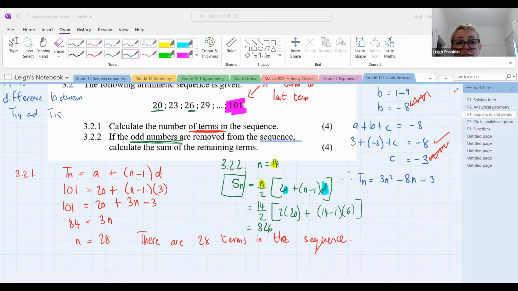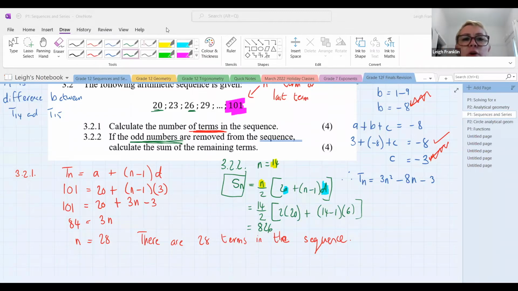If they asked us to calculate the sum of the odd numbers in this pattern, then we would have to start at 23 and end at 101. As it turns out, we're starting at 20 and ending at 98. So if we wanted to use that other formula, then our pattern would end at 98. That would be our last term.